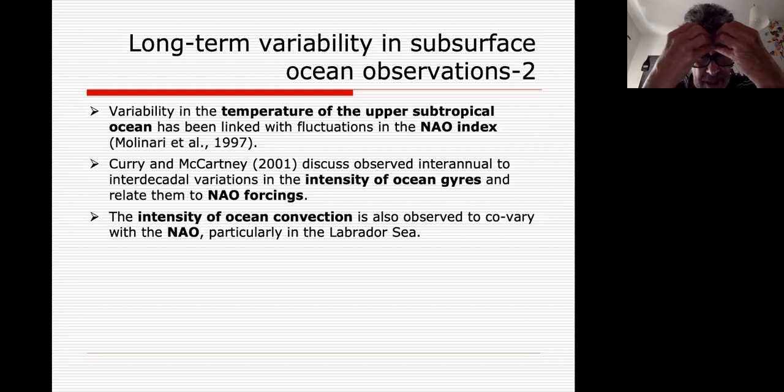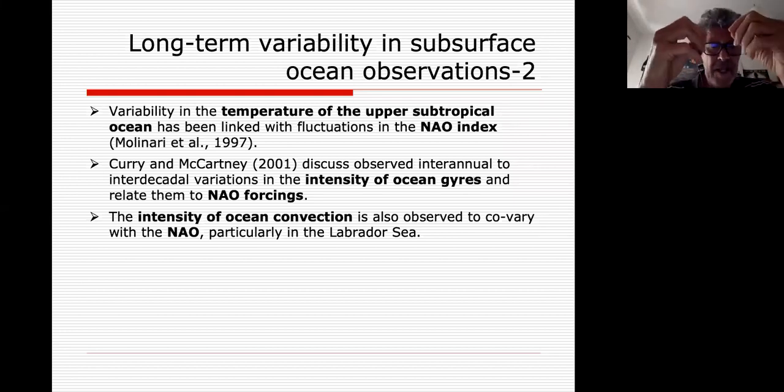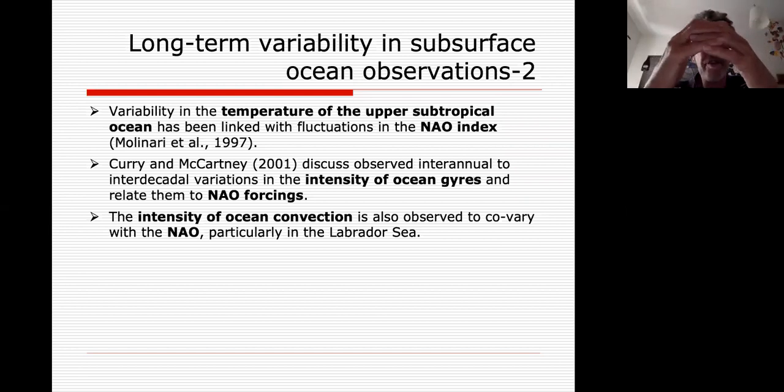And another important issue for the meridional overturning and for the changes of the subsurface condition in the North Atlantic is the ocean convection that takes place in the Labrador Sea and Irminger Basin. This happens quite frequently, not all the year in the same way, but the intensity of ocean convection has been observed to co-vary with the NAO, especially in the Labrador Sea.